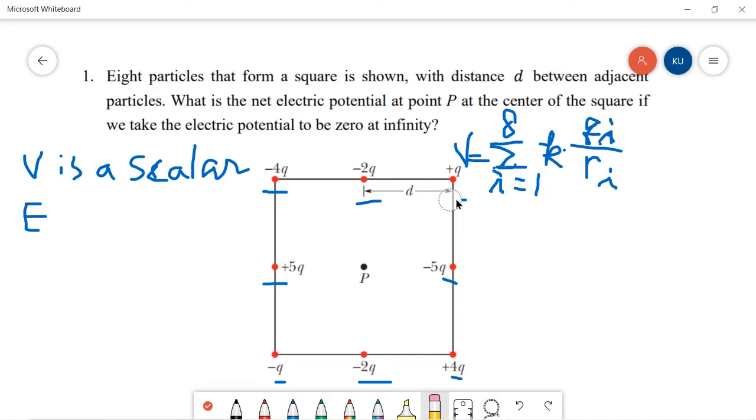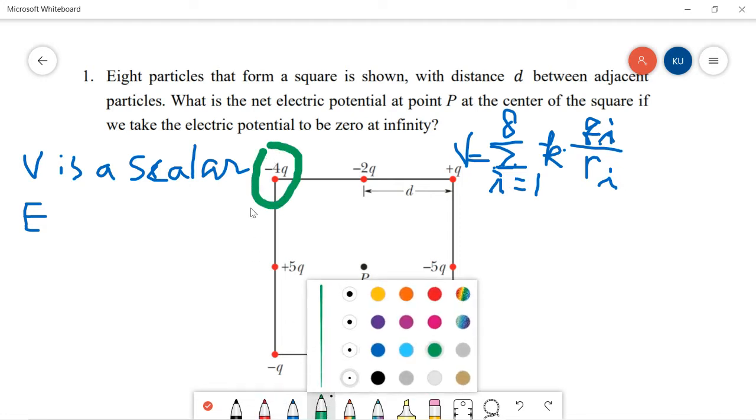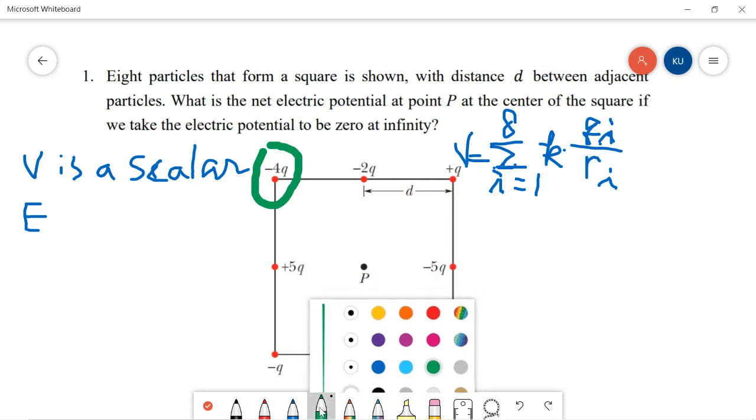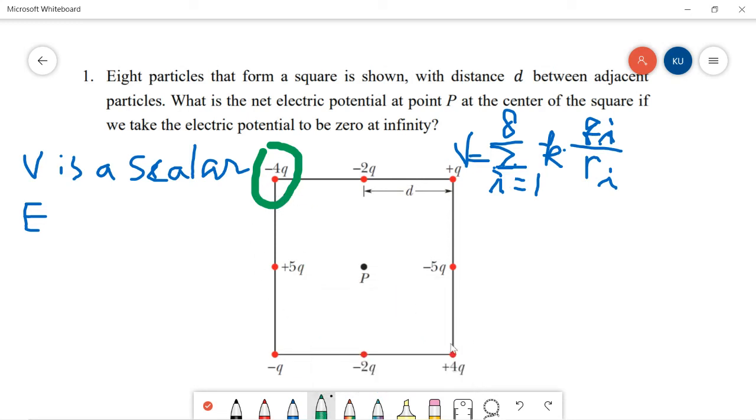Actually, in this problem, the numbers are already designed so that you can find something interesting. I can show it in the green color. We have minus 4q here, and plus 4q here.